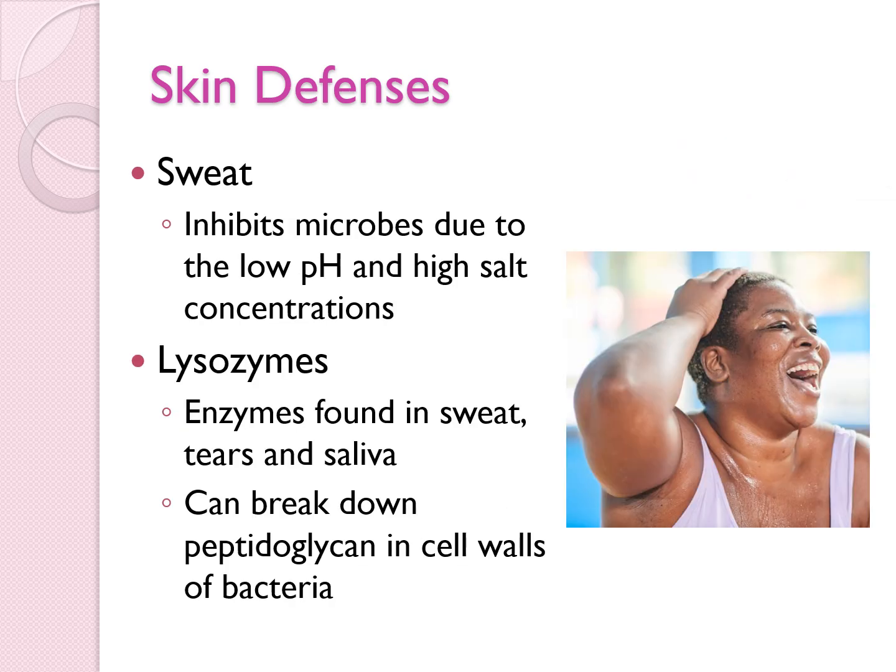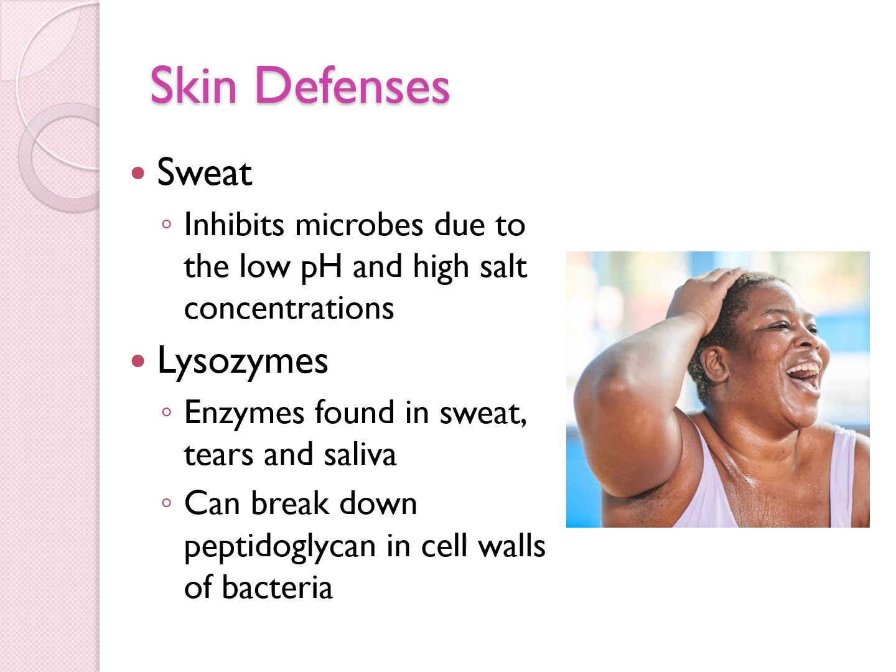Now, just regular sweat, not the oily sweat, is also very important because it has a very low pH. Not as low as, say, our stomach acid, but it is a lower pH and a very high salt concentration. This creates a very hostile environment on the surface of our skin for most microbes. They don't want to be in that type of environment.